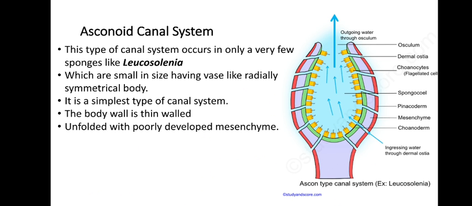The first one is the asconoid canal system. This is one of the simplest forms of canal system found in sponges, and it is commonly found in Leucosolenia, one of the calcareous sponges. Here the body is usually vase-like. You are all familiar with these pores, isn't it?